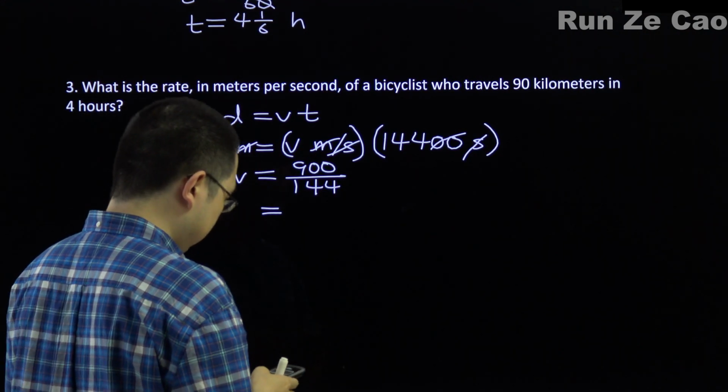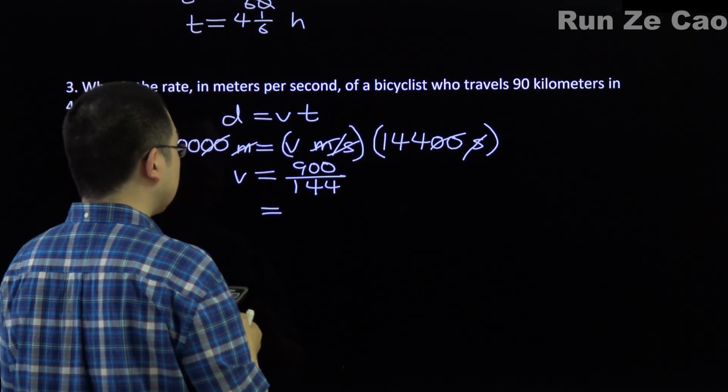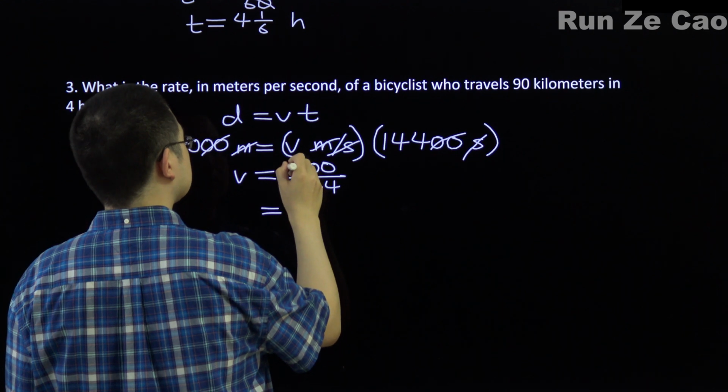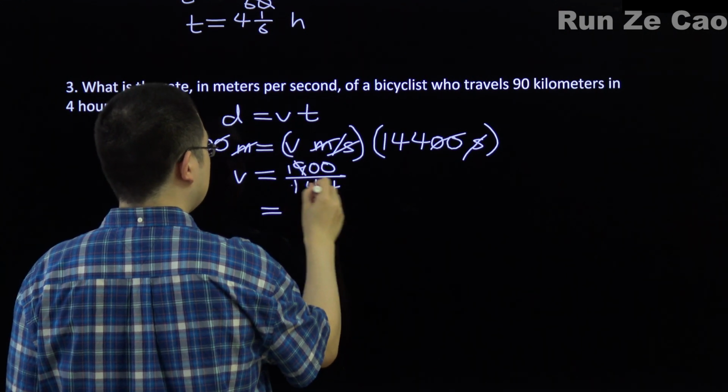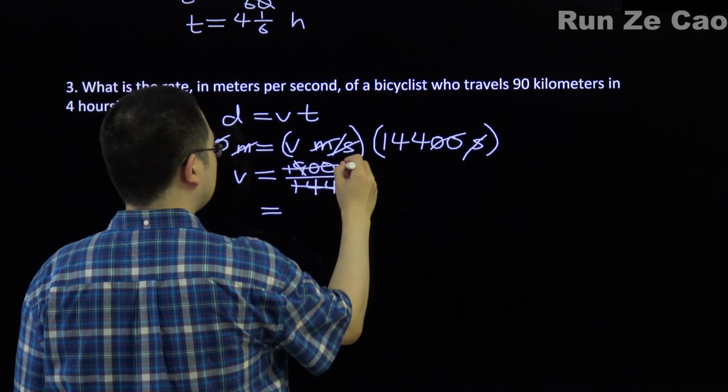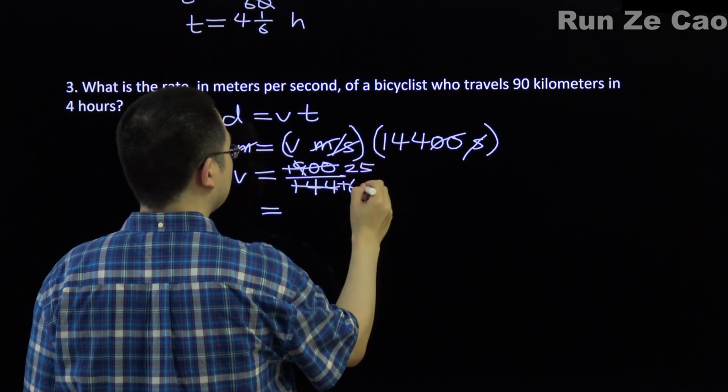Wait a second, guys. 144 divided by 9 is 16. So, change this to a 100, and this to a 16, and we can still cancel further to get this down to 25, and this down to 4.